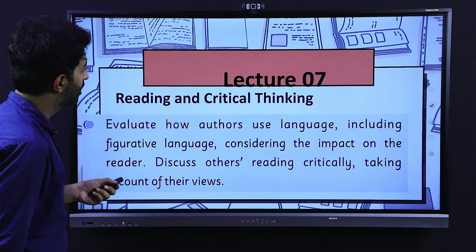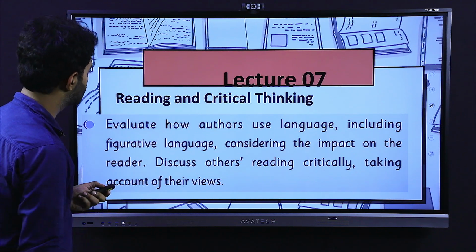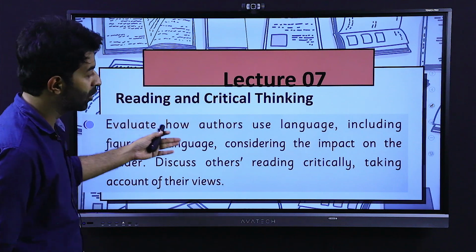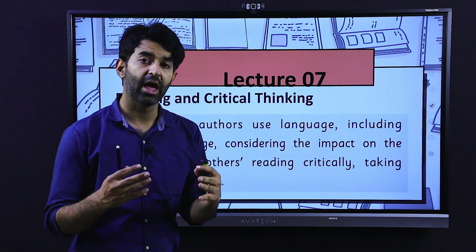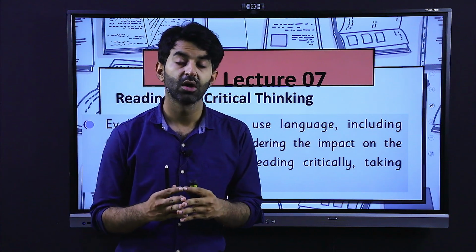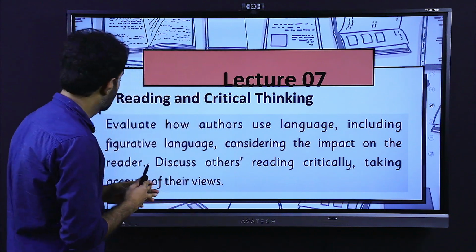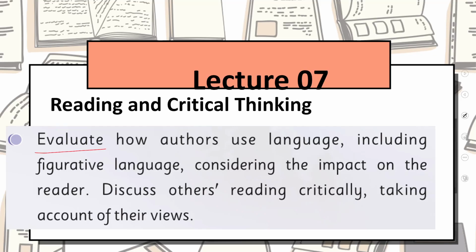And the next one is our lecture 7. Again, it is about reading and critical thinking, and this is about having a skill to evaluate how the authors or the writers use language. What kind of language? Figurative language, considering the impact on the reader.